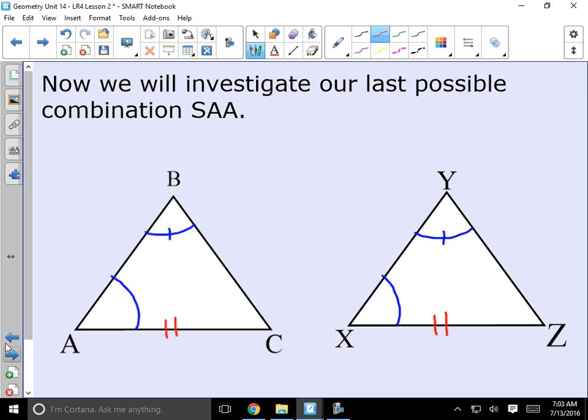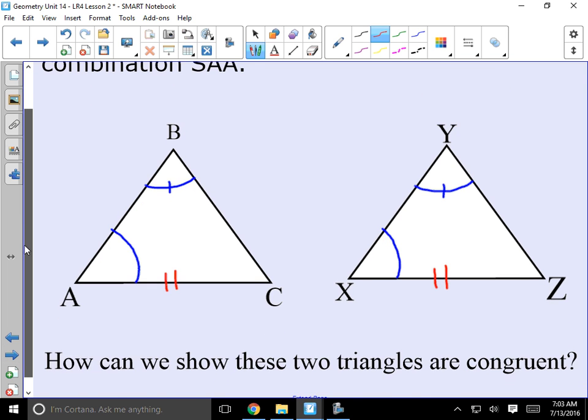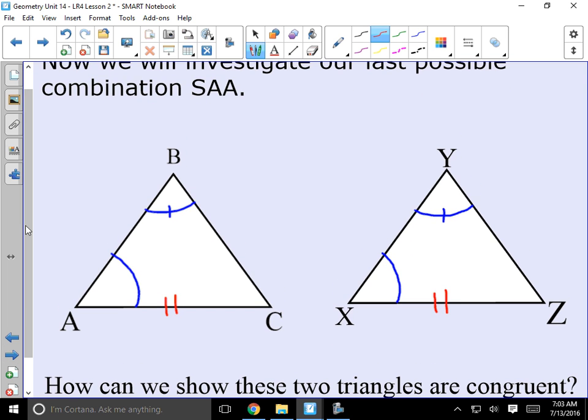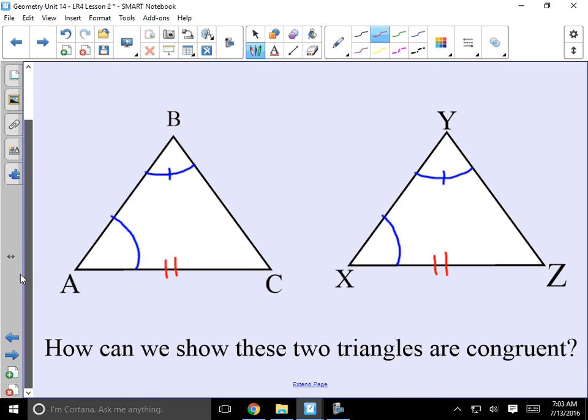Now the last one that we have, and we need to try to prove, is angle-angle-side. Notice how this one's named. The side is not included in the angles. But what we know is that this side length is locked in. So this length can change, and this length can change.